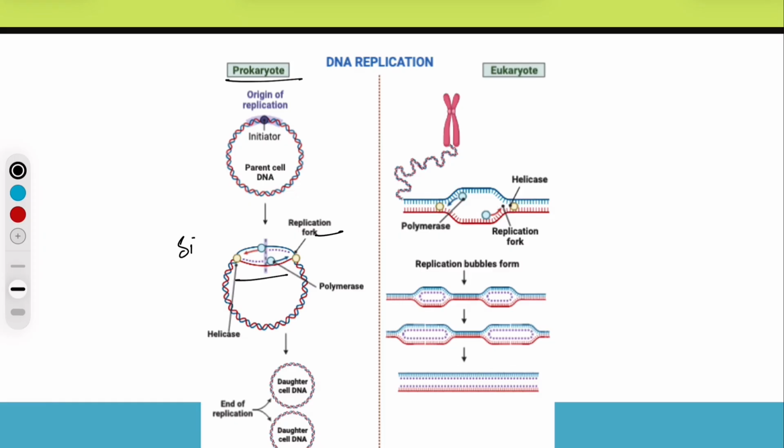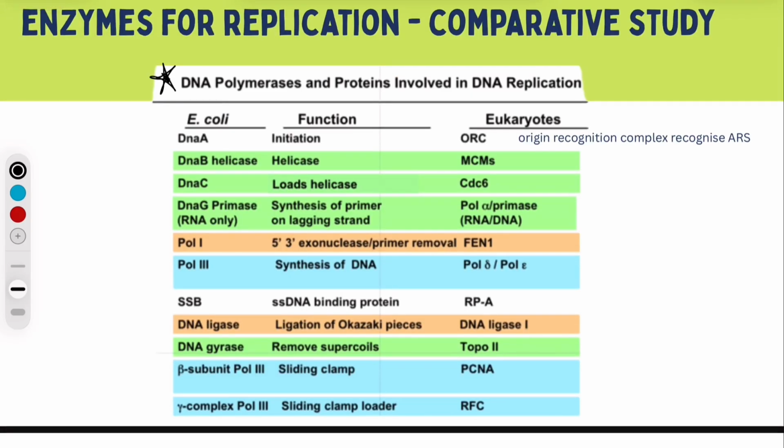In a comparative study, you can see in prokaryotes there is a single replication fork, and it is bubble-like, and at the end of replication two daughter cells are there. In eukaryotes it has complex chromatin structure, so you can see on the linear DNA bubbles are formed like this, and multiple origins are there for multiple purposes, and at the end the strands get replicated.